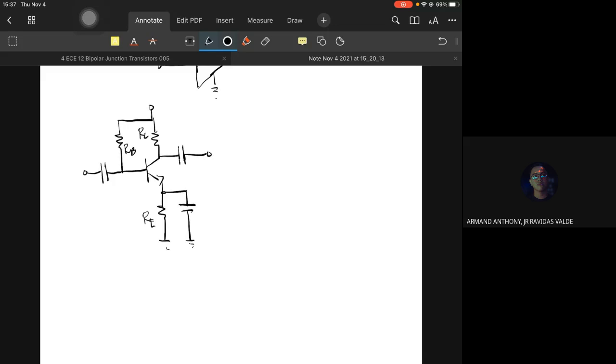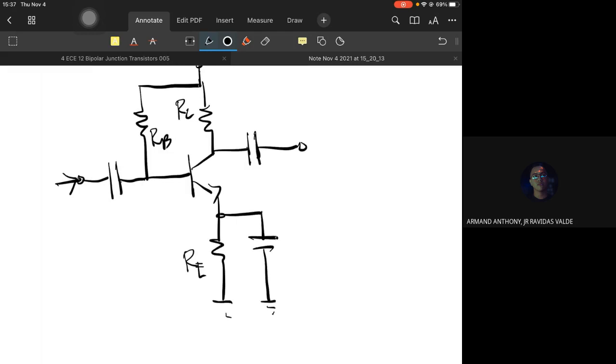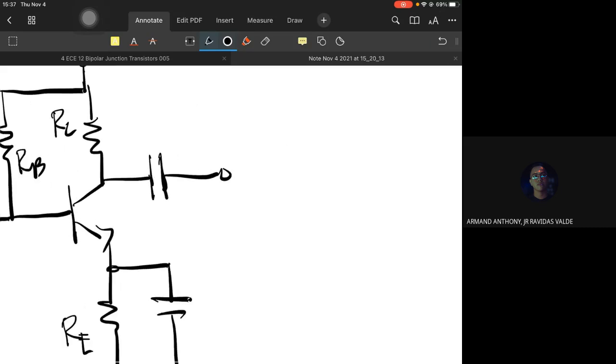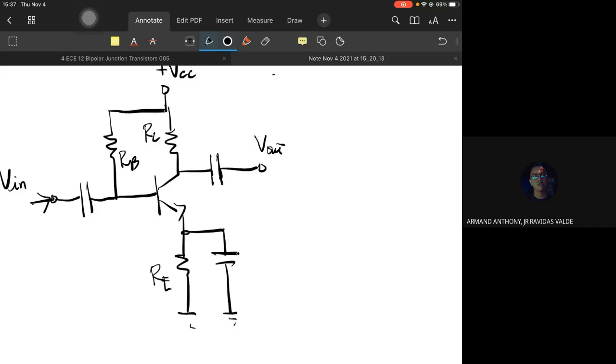Did you notice that? What are these devices or components? This is what we call the input capacitor, where we connect the input voltage. This is the output capacitor, because this is where we connect or measure the output voltage.